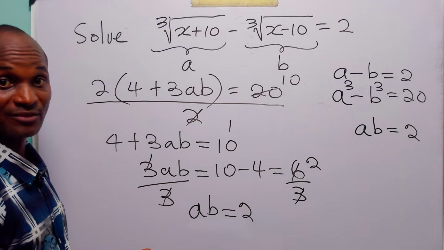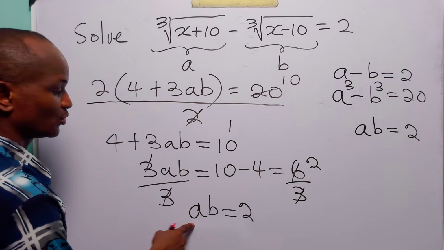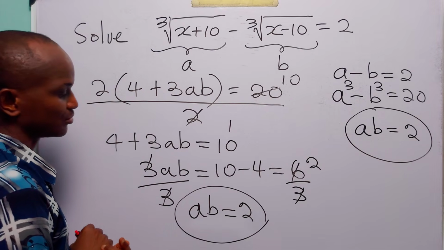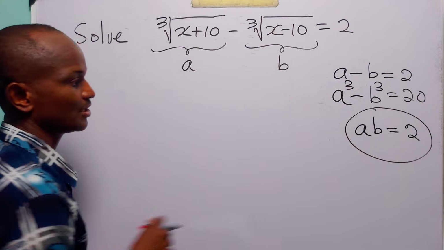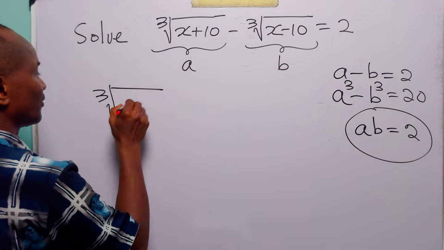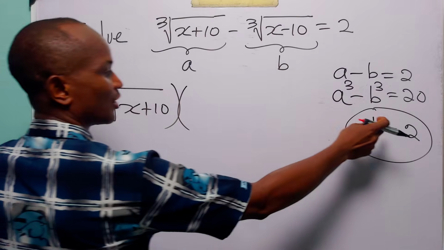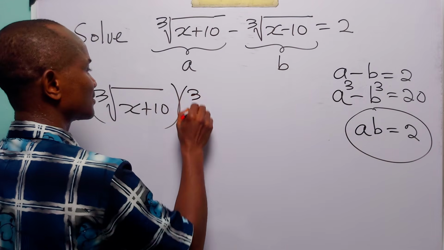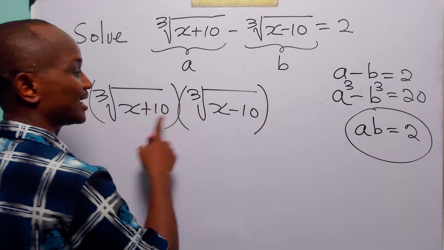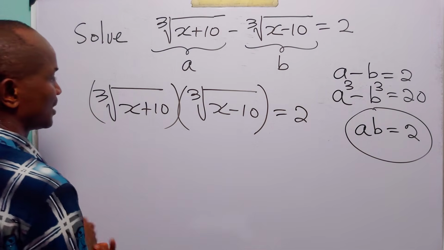So wherever you start from, whether you start from the first equation or from the second equation, you will always get that ab is equal to 2. And finally, we know that a is the cube root of x plus 10 and b is the cube root of x minus 10, and the product of these two is equal to 2.